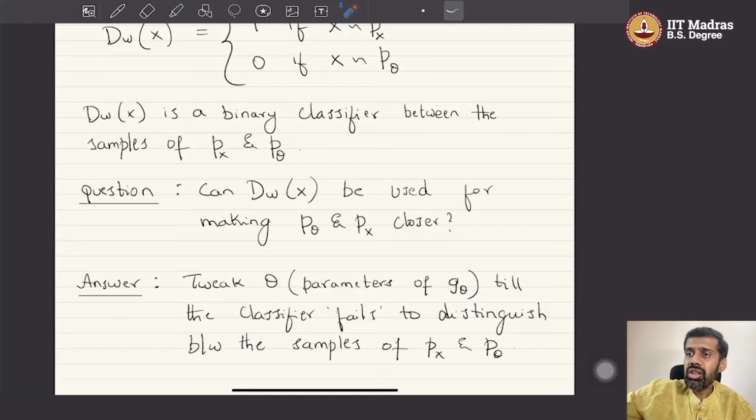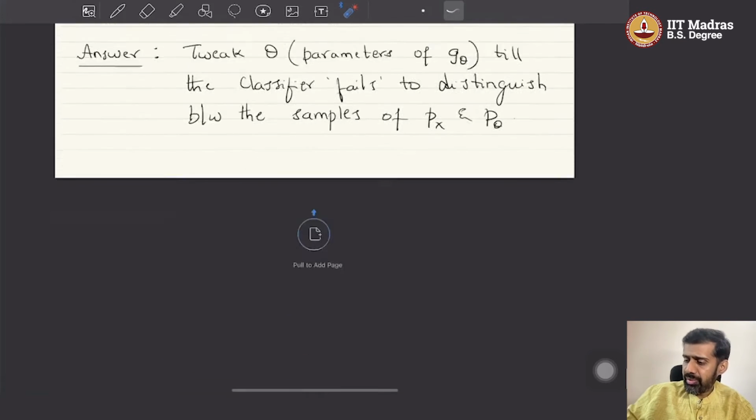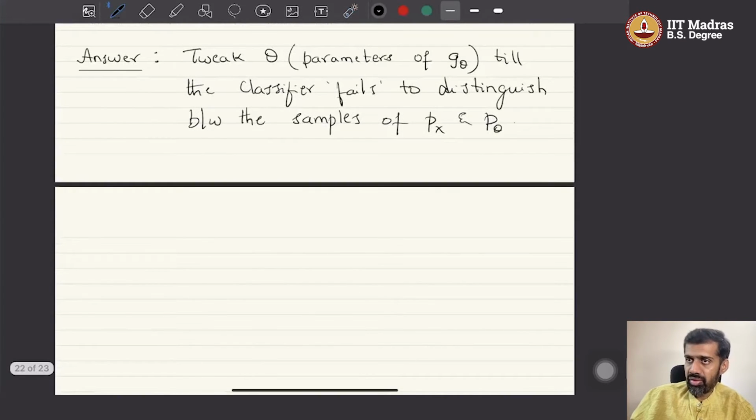Okay, so now, but the thing is, while I said that one of the failure cases of the classifier is when p_x approaches p_theta, the classifier failing need not imply p_x being close to p_theta. The converse is not true.